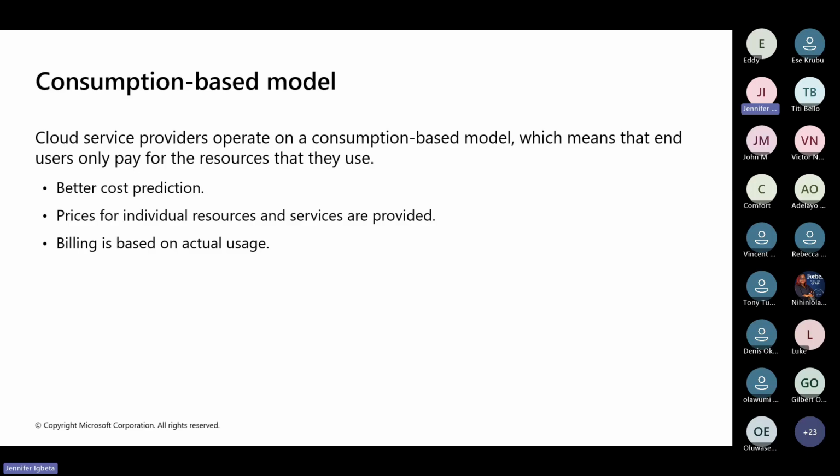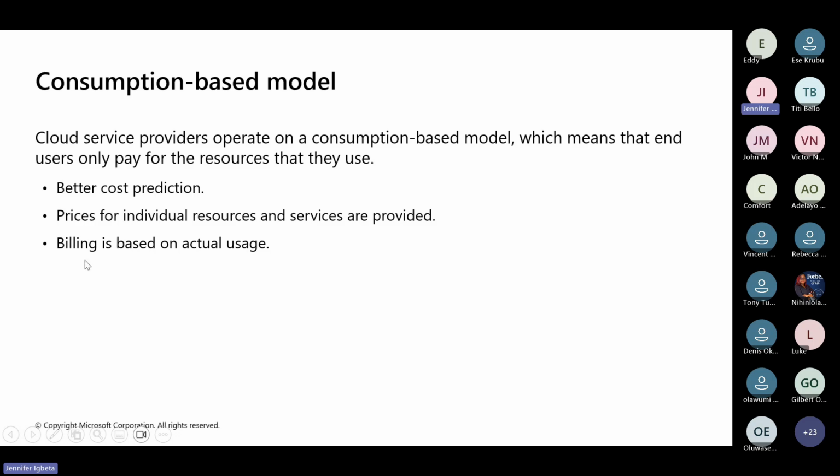So when you see the cost of a certain spec of virtual machine, and maybe you want to use three of it, you can predict how much your organization will be spending per month, even for a whole year. That's why it says better cost prediction, because the individual prices of resources and services are provided.